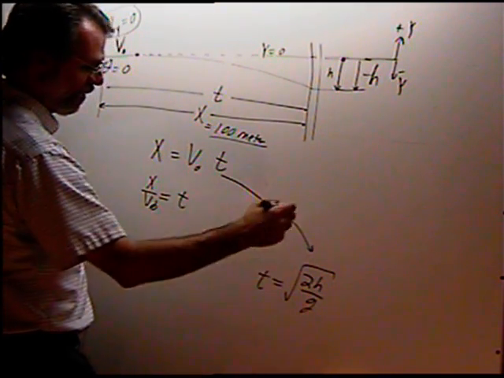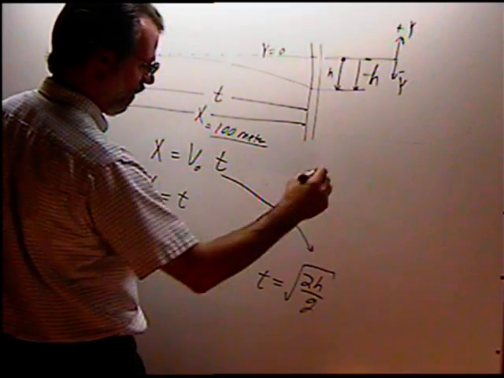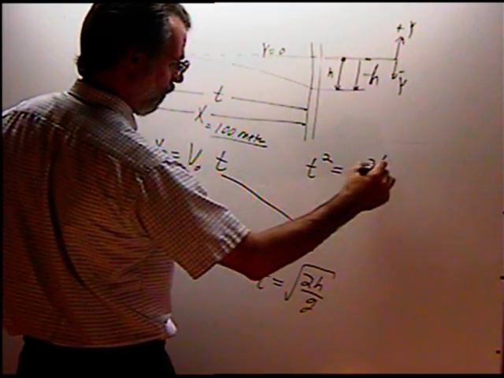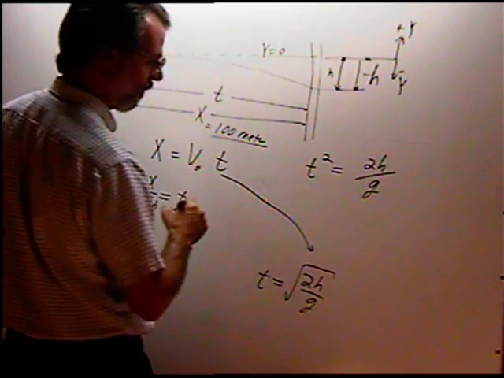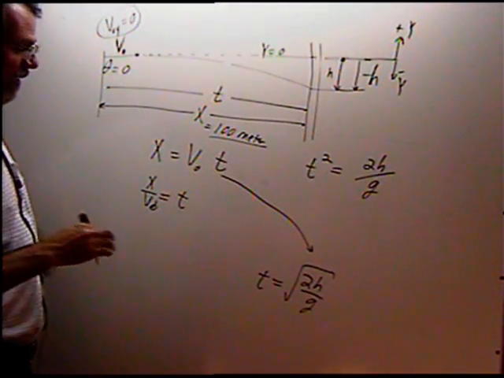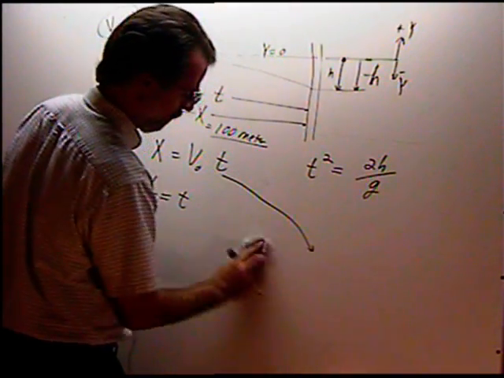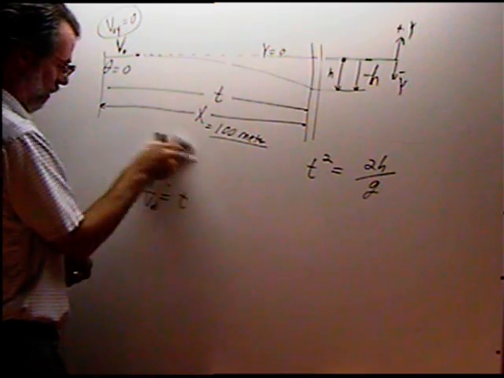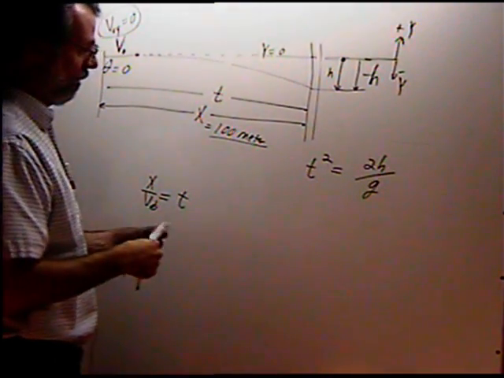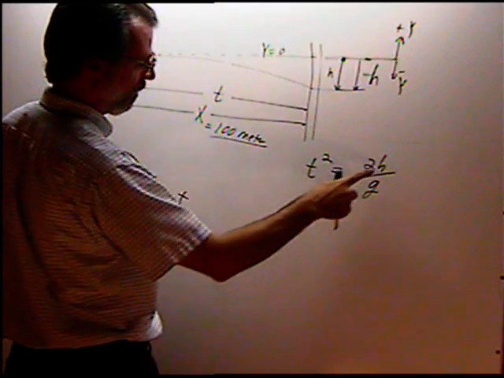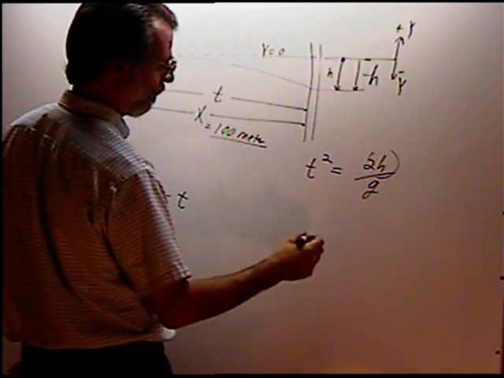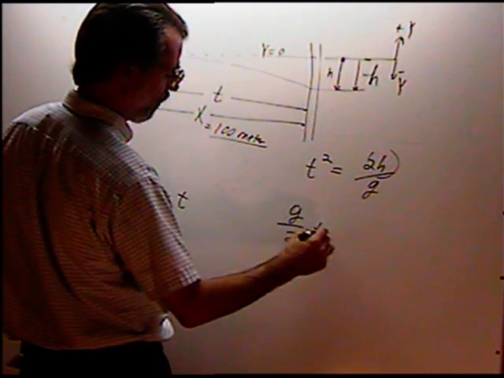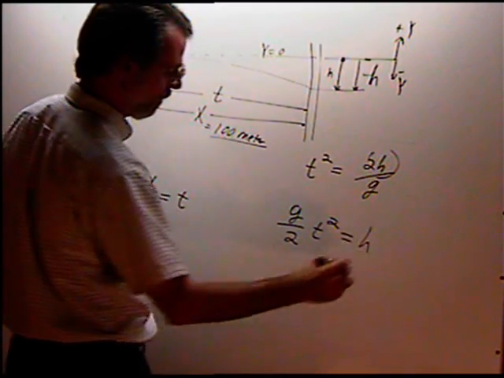So if we take this equation, t squared equals 2h over g, now we want to solve for h. It would be g over 2 times t squared equals h.